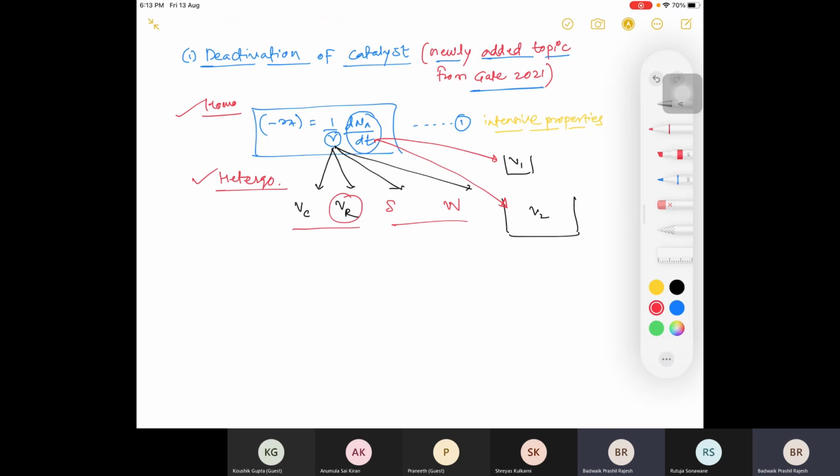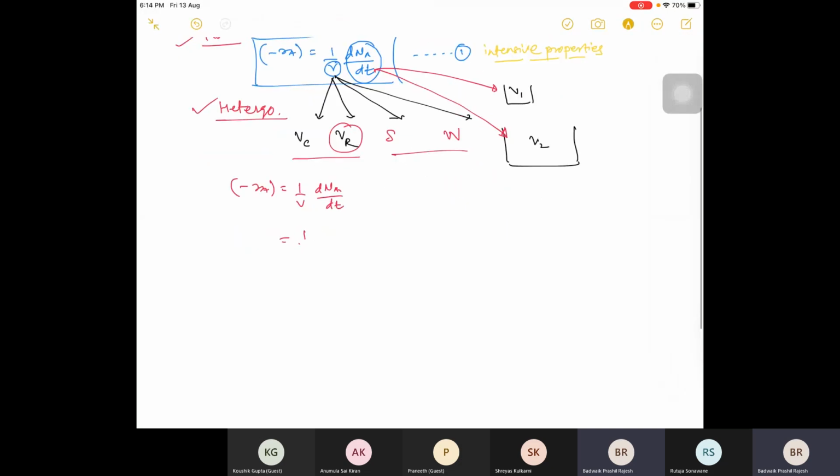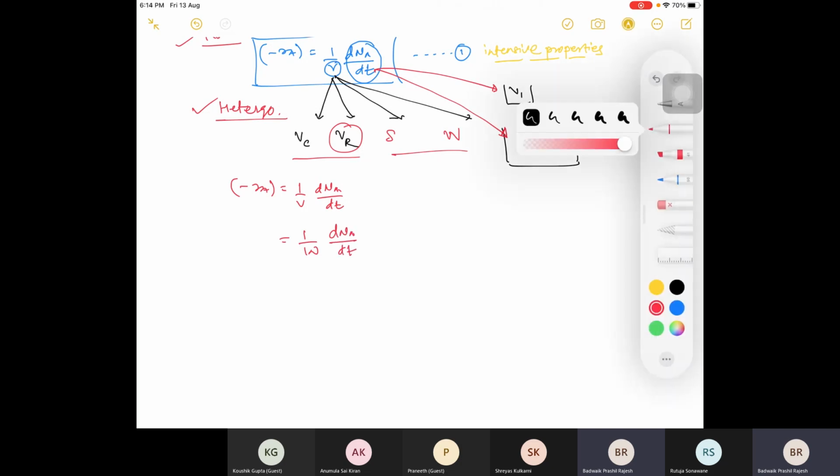So I'll write once again here minus rA as it is 1 by V dNA by dt. Then I define in terms of weight of catalyst, that is 1 by W dNA by dt. So it is the same number of moles converted, but it is calculated per unit weight of catalyst, right? Suppose I have two systems, one with catalyst weight W1, second W2.